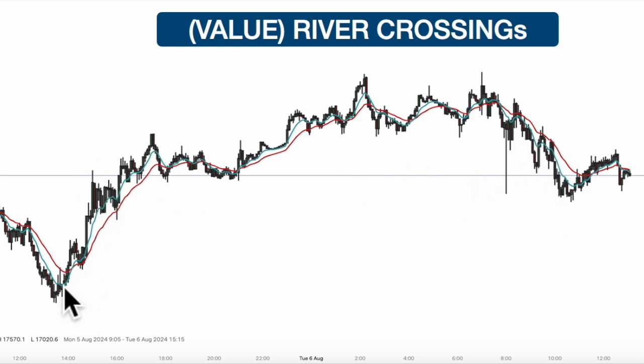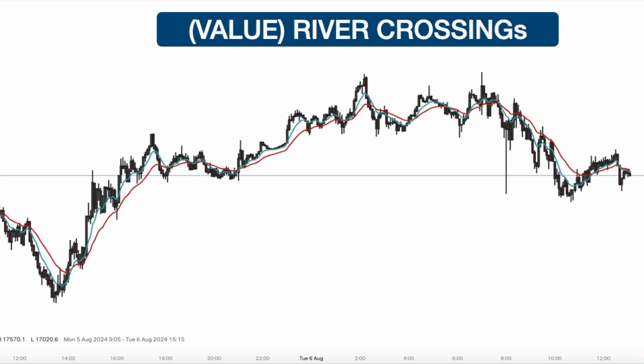And because it does spend both time above and below, it obviously has to cross. And that's what we're talking about here. We're talking about the river crossings. In lots of my other videos, I talk about the bounces, which are also a good trade. And these crossings are superb.